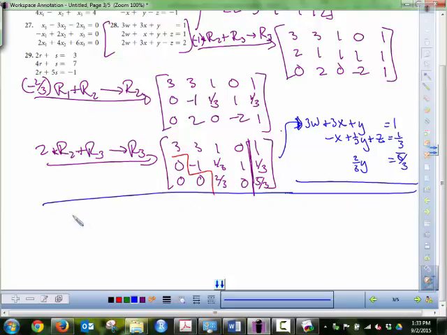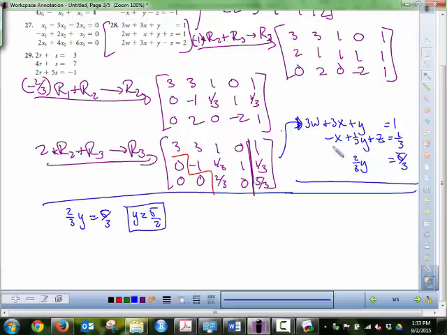So I have 2/3 y is equal to 5/3, and if I solve for that, I'm going to get y is equal to 5/2. Let's box that, since this is potential to get messy and I might lose stuff.